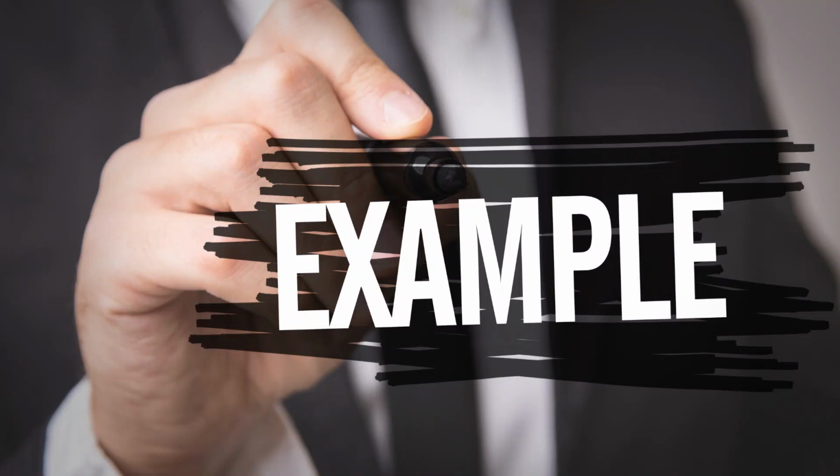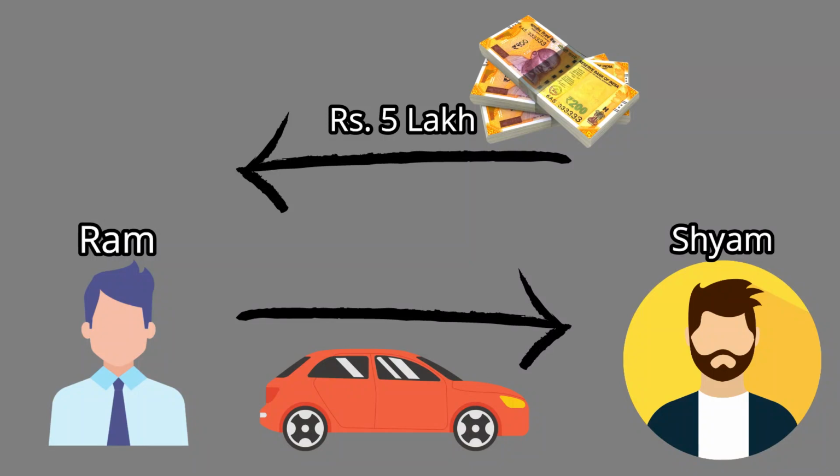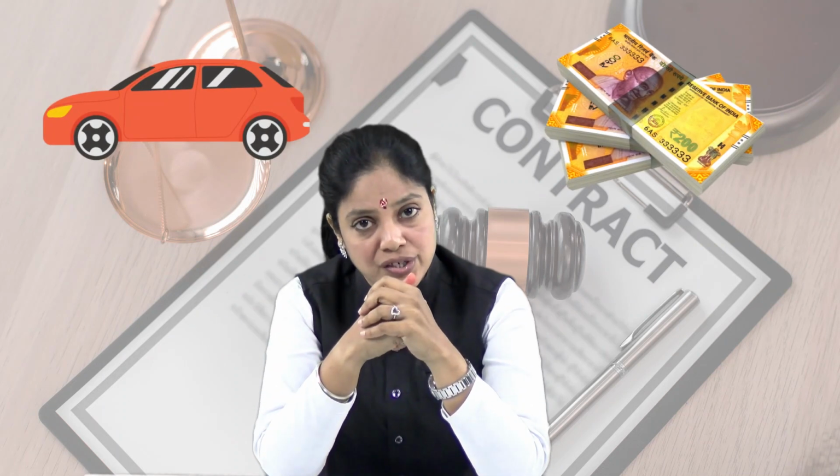Let us assume that Mr. Ram has made an offer to Mr. Sham saying, Sham, do you want to buy my car for 5 lakh rupees? Here Ram has made an offer, so Ram is called an offerer and this offer is being made to Mr. Sham. So Sham is called an offeree. The offer is made with regard to selling the car and receiving 5 lakh rupees from Mr. Sham.